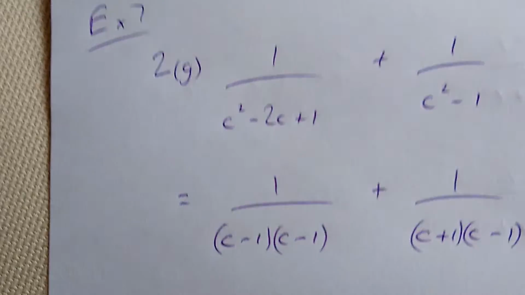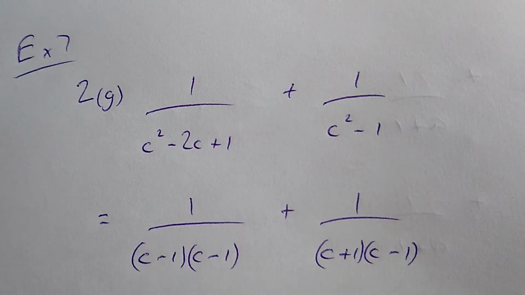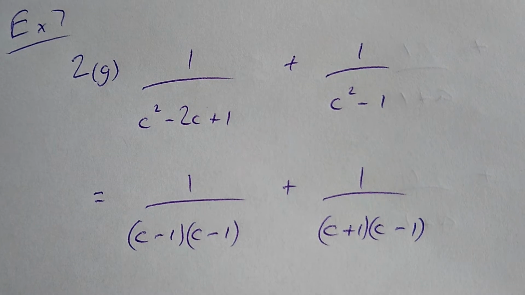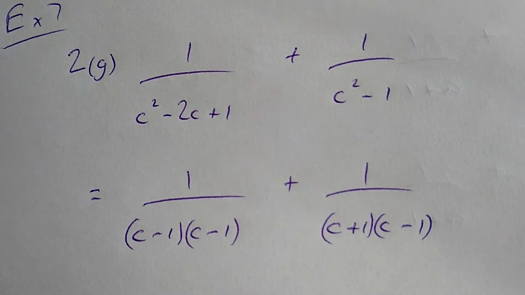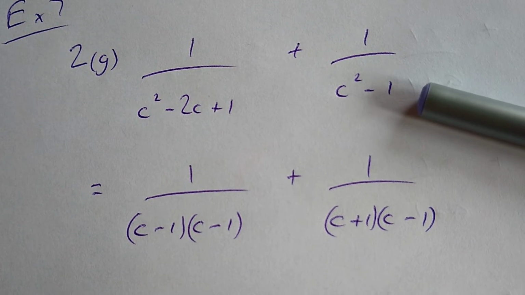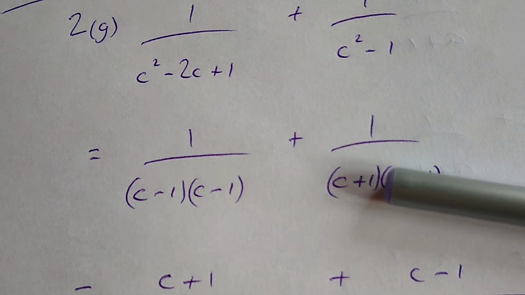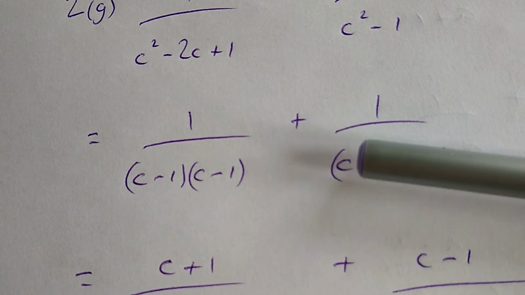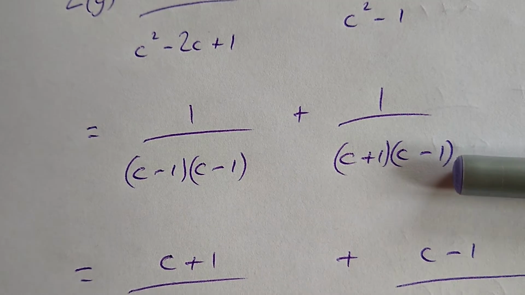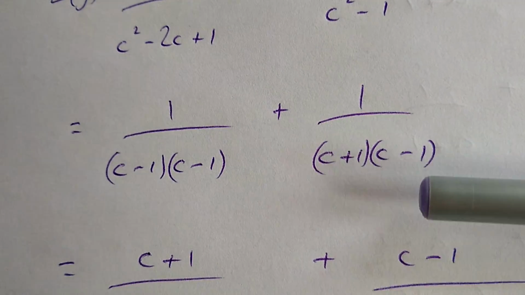So on to 2g. Similar idea to the previous question, 2a. I'm going to see if I can factorize these, and both of them do factorize. So 1 over c minus 1 plus 1 over c plus 1, c minus 1. Now I need a common denominator.